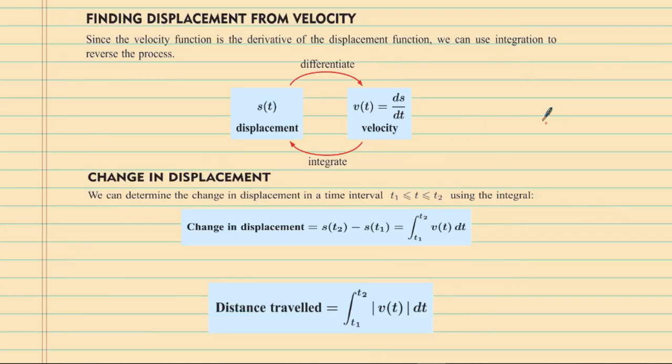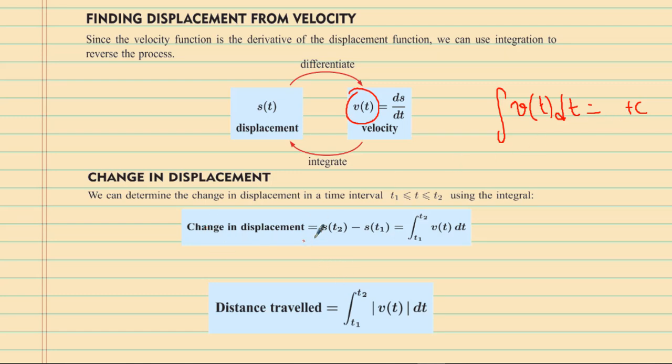Now another thing, finding displacement from the velocity. If we differentiate, it gives us the velocity. If we integrate, we find the displacement. And when we do integration, of course, we have plus c. To find this constant, some extra information will be given, normally your location at the origin.